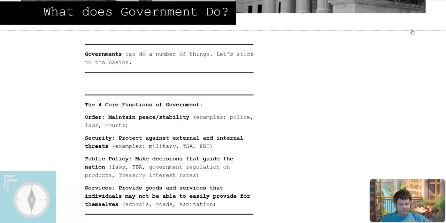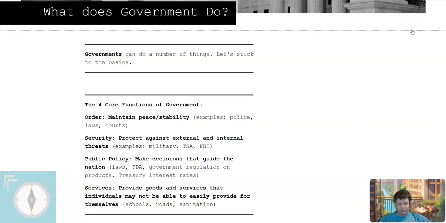Number 3, public policy. Public policy kind of sets up running the other two. Public policy is determining how a society is run. A government often plays a role in it. This could be like deciding to print a currency and having people use that currency within a society.